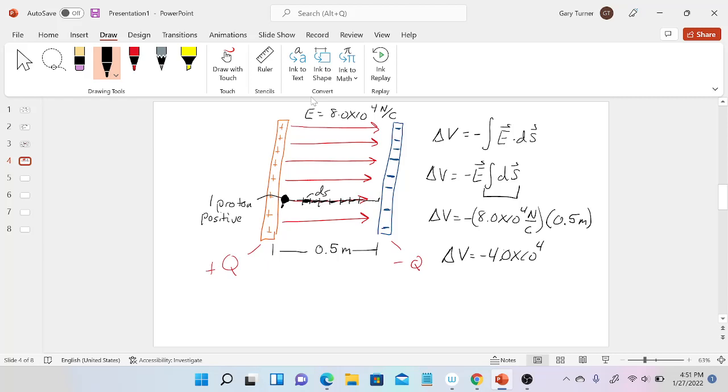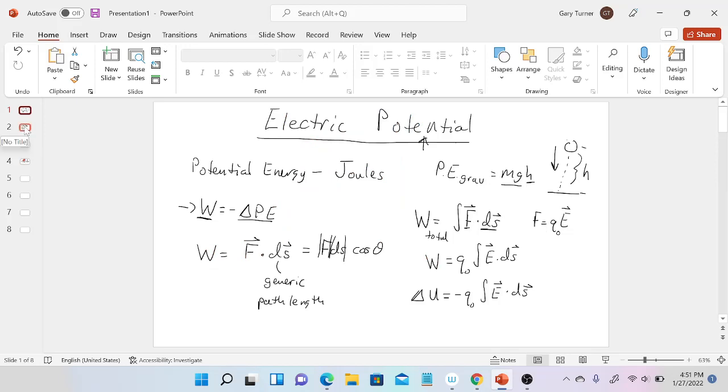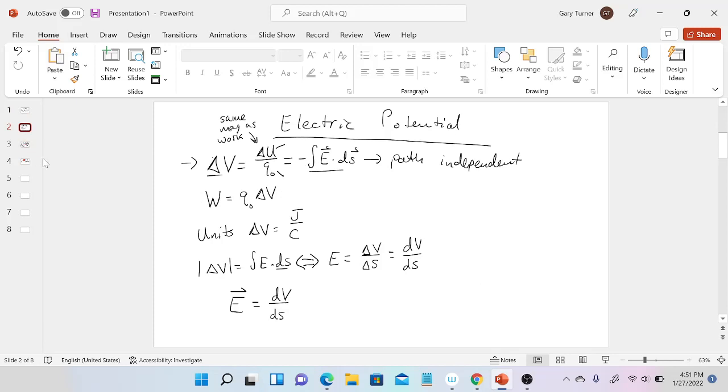And the units are going to be newtons per coulomb because we have V equals E d. Actually, we haven't derived that yet, so I won't go there just yet. We have newtons per coulomb, and from the previous slides, when we were going through the initial units, we found that potential could also be written as joules per coulomb.